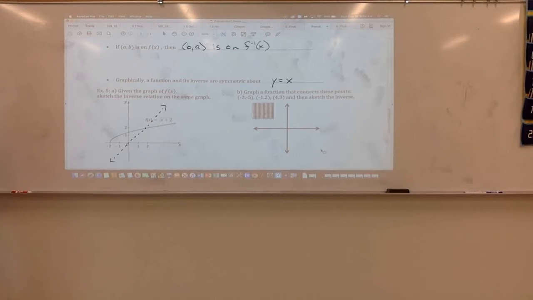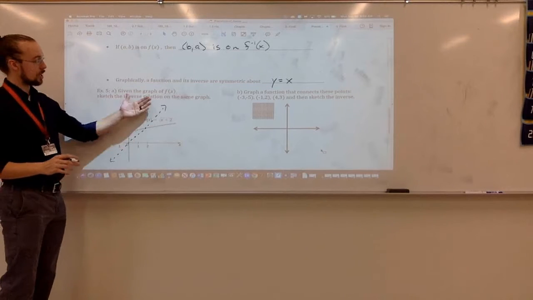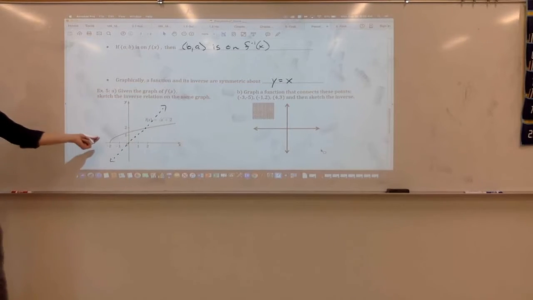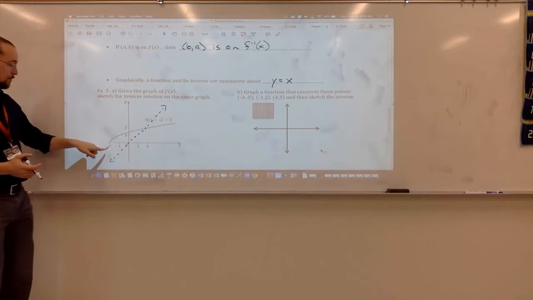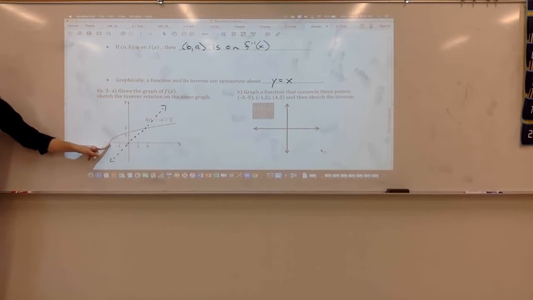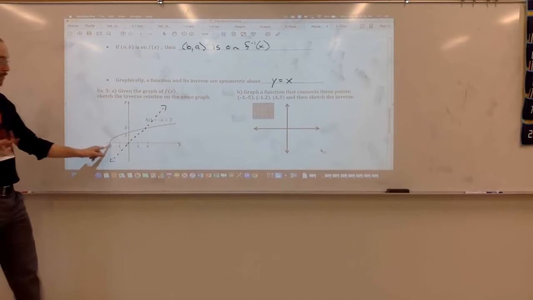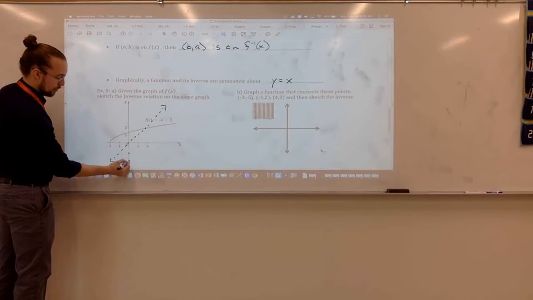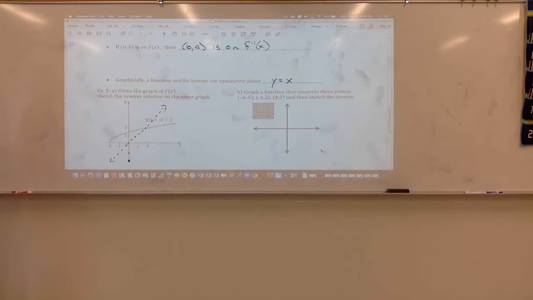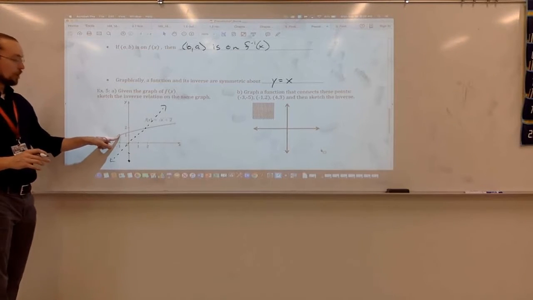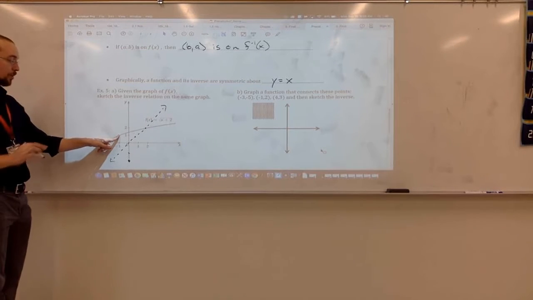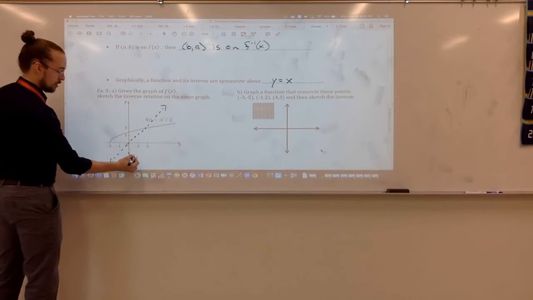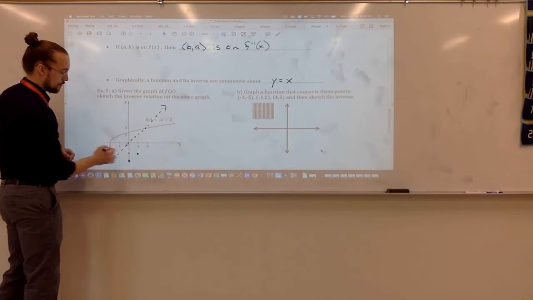Okay, so we can either think about just kind of trying to reflect this across the line y equals x, or we can think about taking points, okay, and saying, well, the point (-2, 0) is on the original graph. That means the point (0, -2) will be on the inverse. So I'm going to come down here and plot point (0, -2). Right? The point (-1, 1) is on the original. That means the point (1, -1) will be on the inverse.